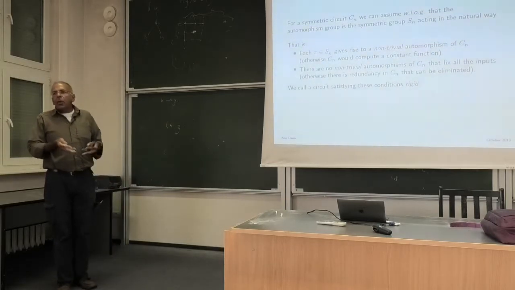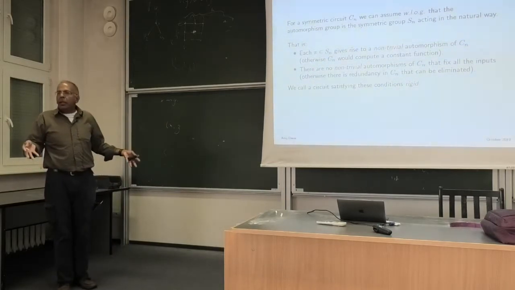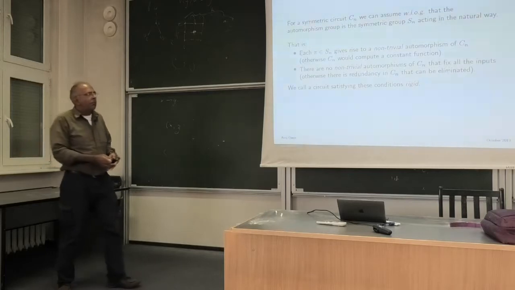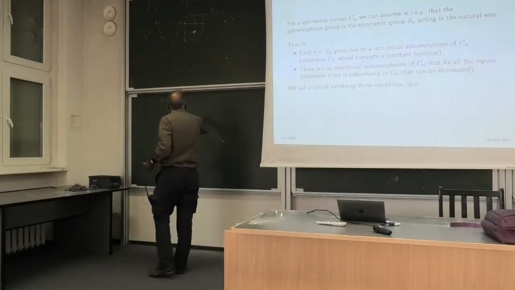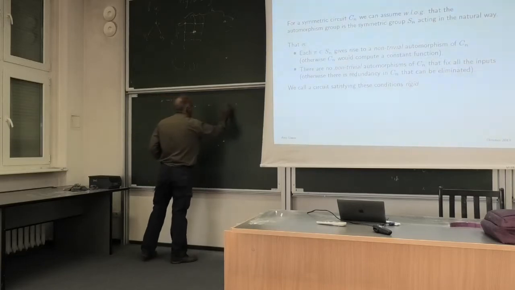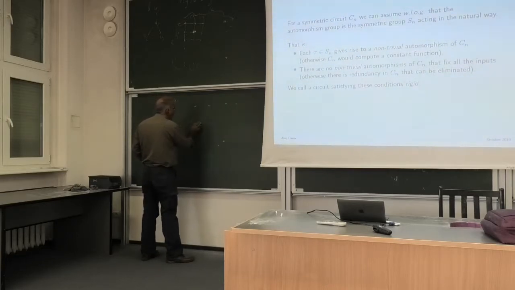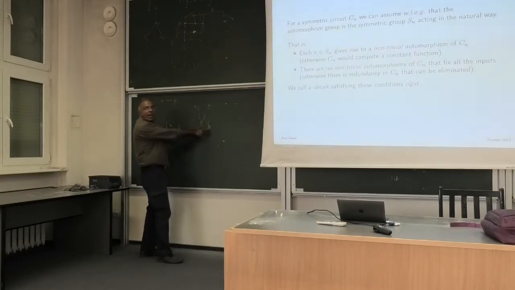And the other is that there are no non-trivial automorphisms which fix all the inputs, right? Because if there are, then really what that is saying is you have a bunch of inputs and you have further gates, and you have redundant gates because you can swap them around without changing any of the inputs. Okay? And if you have, then you can eliminate them.